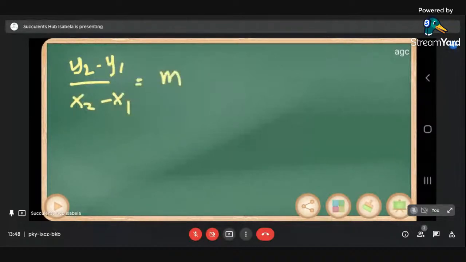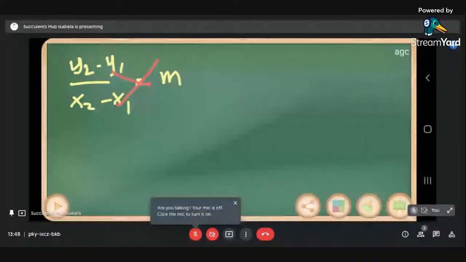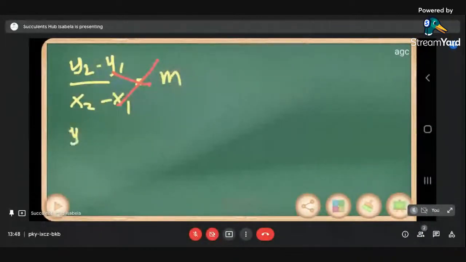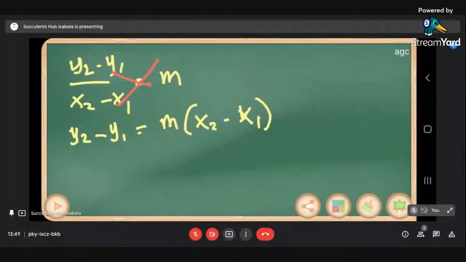If we cross multiply this, you will have y sub 2 minus y sub 1 is equal to m times x sub 2 minus x sub 1. That is if the given is P1 and P2.